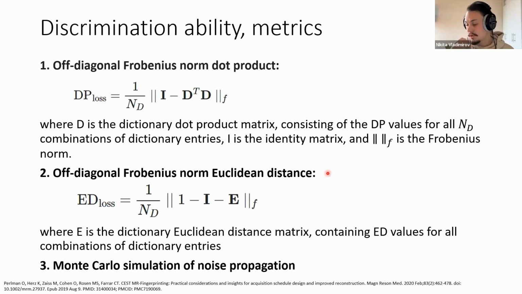They showed efficiency for the classical MRF, not CEST MRF, and also in some pioneer works in CEST MRF. And the third metric is Monte Carlo simulation of noise propagation. So we can create a dictionary, add noise multiple times, perform quantification, and calculate the error.